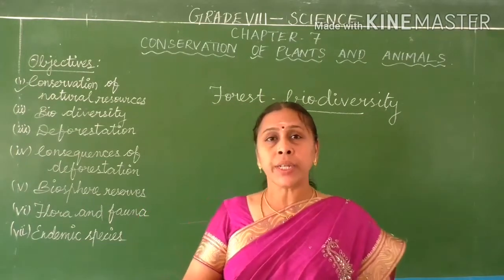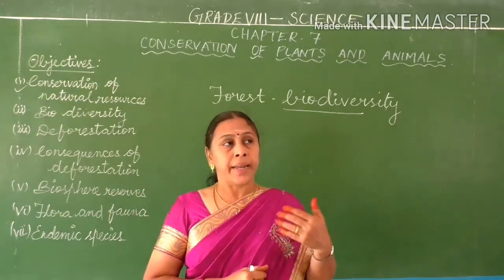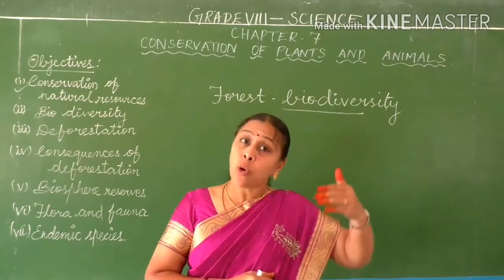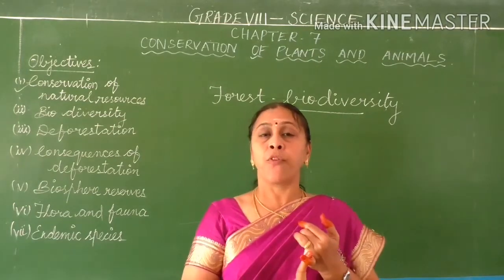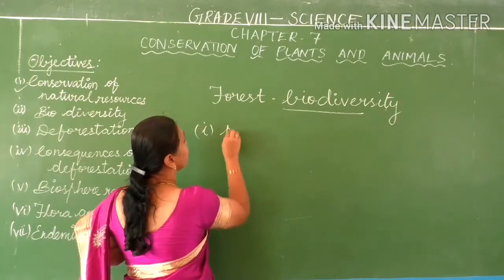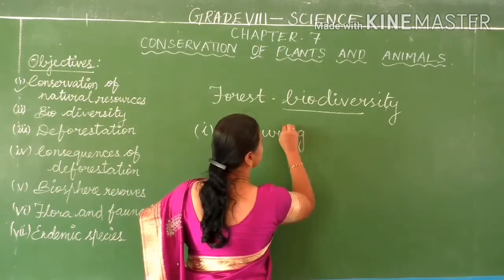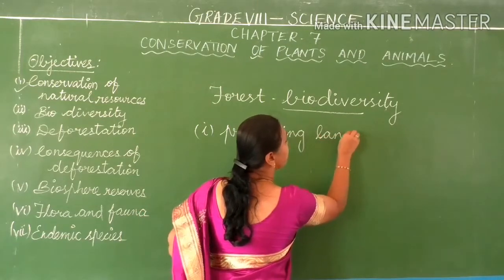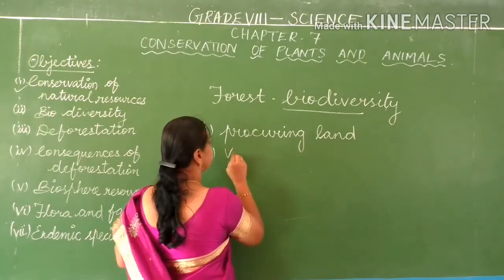As the population increases, the needs of human beings also increase. We need land for living. First one, procuring land for living, for vegetation.